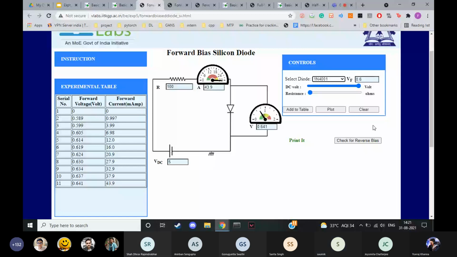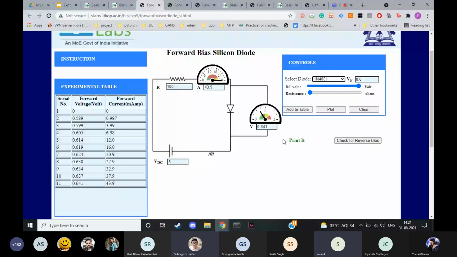Sir, in the experiment report, do I have to paste a screenshot of each individual data, or will one with the entire table be sufficient? You have to select different diodes, set different voltages, and paste the table and the plot.